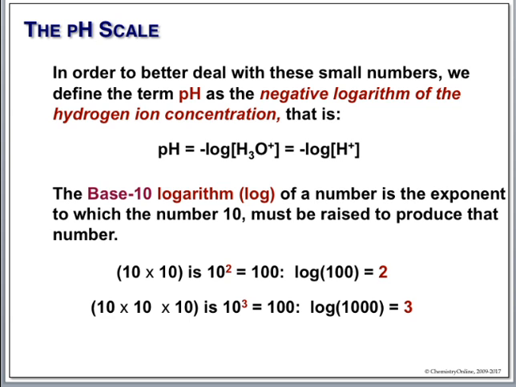The way you do it is you type in 10 to the x, put in 2 for the x, and you should get 100. Any questions? Also, you type in 100, hit the log button, you should get 2.